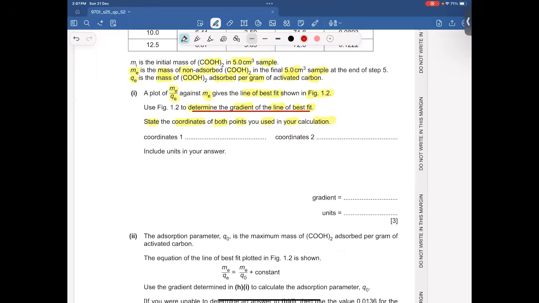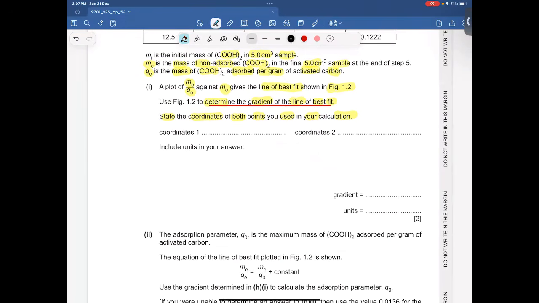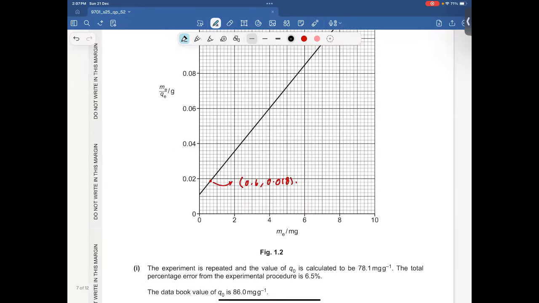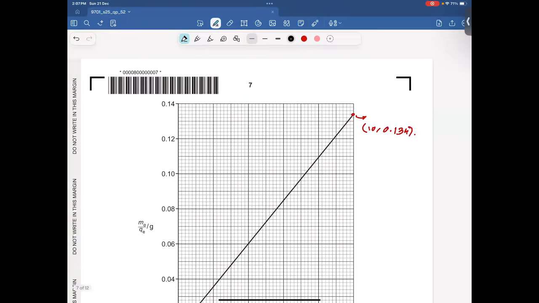So let me show you the points. 0.6 and 0.018, and the other one was 10, 0.134. Let me recheck. 0.6, 0.018, 10, 0.134.